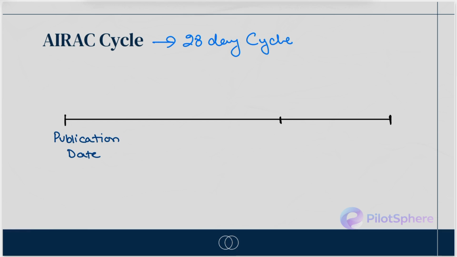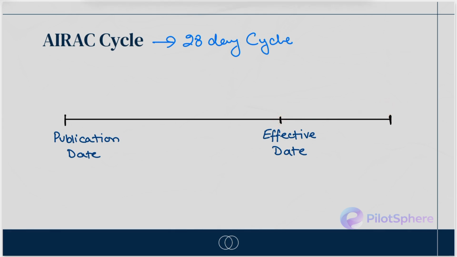So you have another date, which is the effective date. Think of the effective date as the date on which the change will officially become active. By this date, everybody operating thereafter has to be on the same page and have their systems updated.